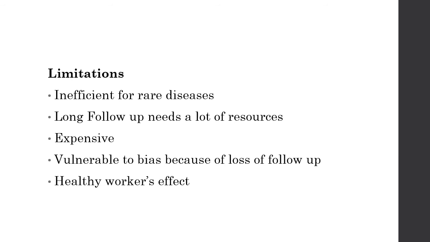and it will introduce something that we call bias, as we're going to talk more about it in the coming lectures. And there is another thing that is called the healthy worker effect, which is also considered a limitation in cohort study. What do we mean by healthy worker effect? For example, many cohort studies, the big, successful ones, because you need to follow up people, as we said, and you want to minimize the loss of follow-up.